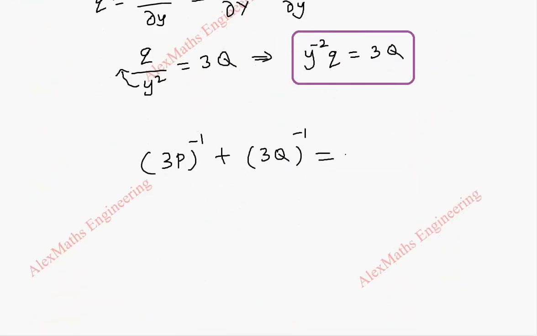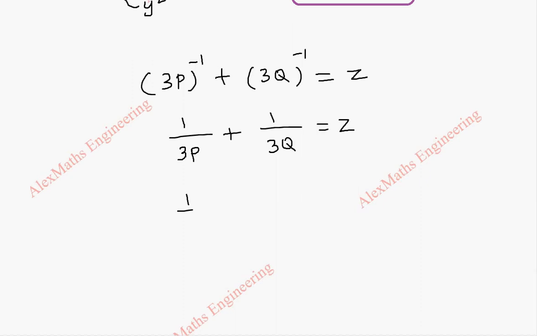So we got into this form. This can be again rewritten as 1 by 3P plus 1 by 3Q equal to z. If you want, we can carry the 3 to the other side. So 1 by P plus 1 by Q equal to 3z. Let us take this as our second equation.